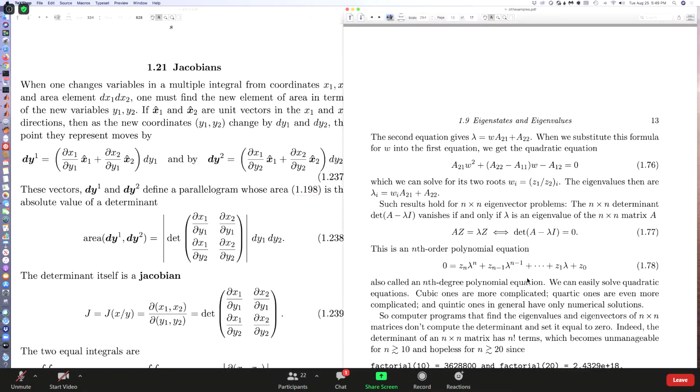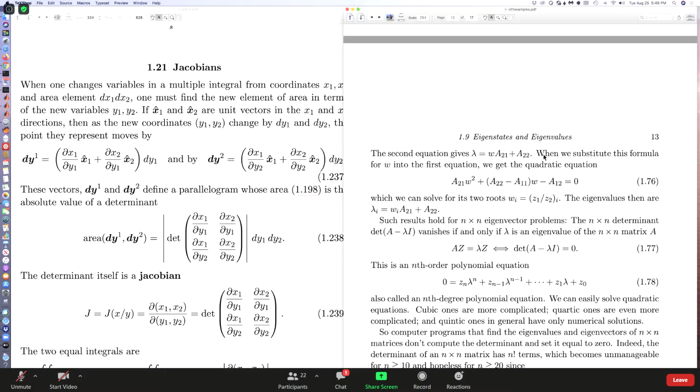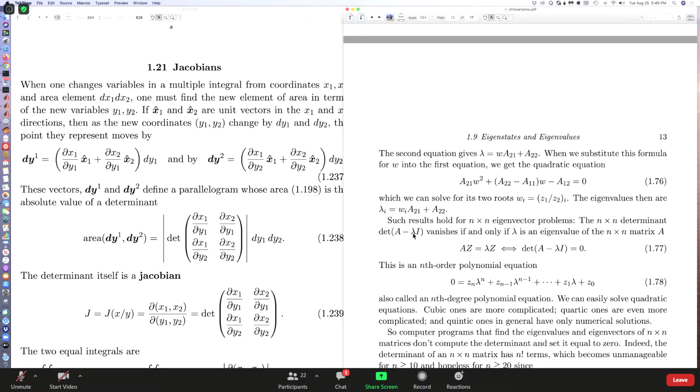So for 2 by 2, we can solve the thing with our fingers, but things get a lot more complicated as n rises, if we just proceed simply. If we have an n by n eigenvector equation like this, the eigenvalues must satisfy this equation. This is an nth order polynomial equation, called the characteristic polynomial.